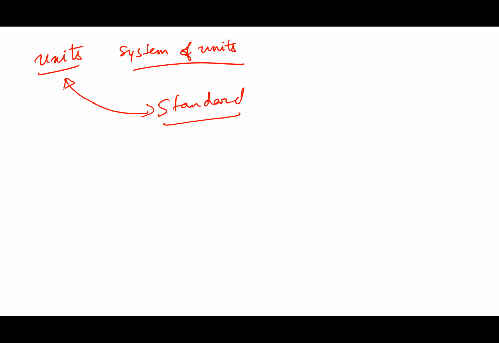I might send an article out, but there are different systems of units. Systems of units means you can have certain types of standards. For example, I could measure in meters, or I could measure in inches, kilograms and something else.